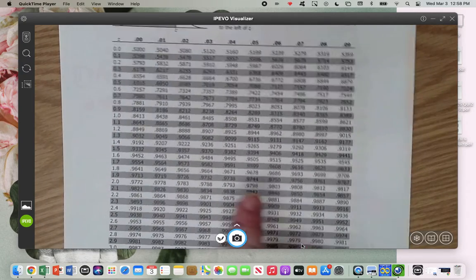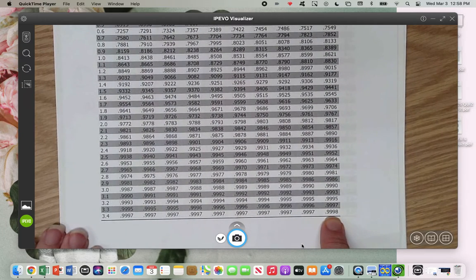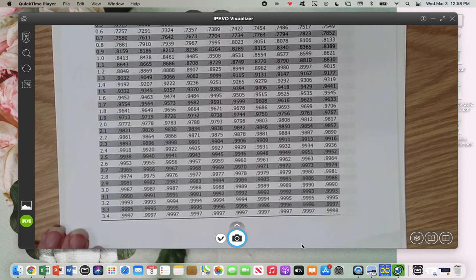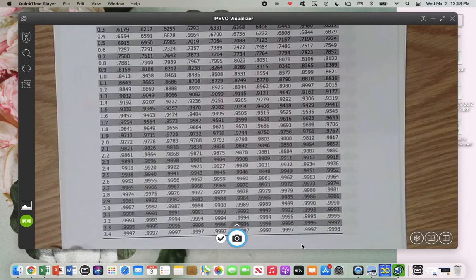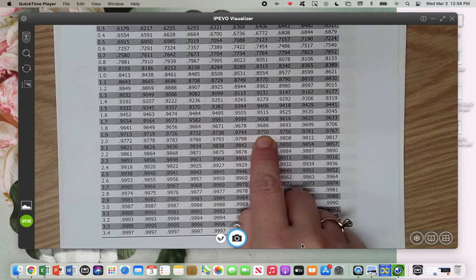At the top, it starts at 0.5, and then it goes almost to 1, but we never have a perfect 1, so it actually stops at 0.998. But if we look at this chart, we want to find a perfect or as close to perfect 0.975. And if you can see, we actually have a perfect 0.975 on this chart.